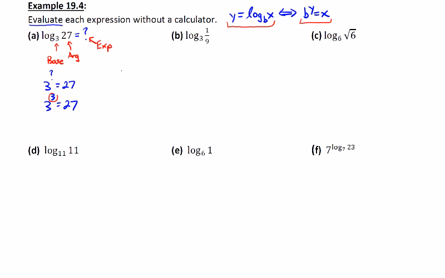So that exponent has to be 3. So therefore, log base 3 of 27 must be equal to 3, because that's the exponent that would make this statement true. So that's all a logarithm is representing. It is representing the exponent from an exponential equation. So let's try the next one.